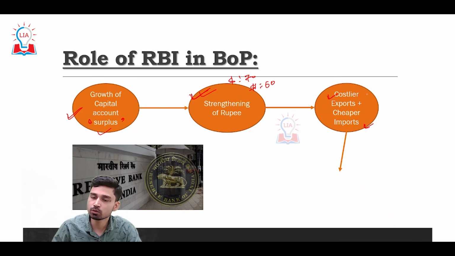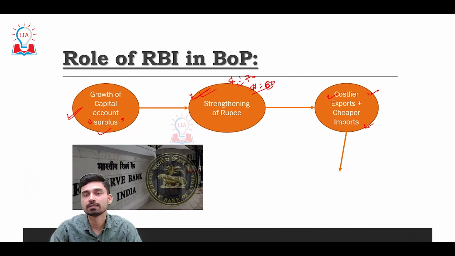Now understand why this will happen. If earlier $1 was 70 rupees and now $1 is 60 rupees, that means the rupee has strengthened. That means for importing the same amount of goods and services from the Indian economy, US citizens or companies will now have to pay more dollars.